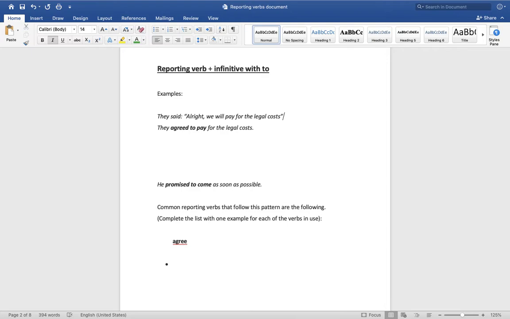This is what the person speaking said originally, right? They said, all right, we will pay for the legal costs. Ellos dijeron, de acuerdo, pagaremos los costes legales, okay? So, that would be direct speech. This would be reported speech. They agreed to pay for the legal costs.